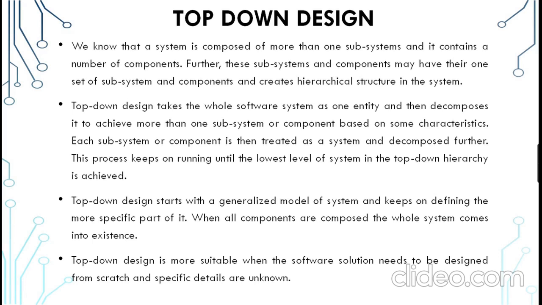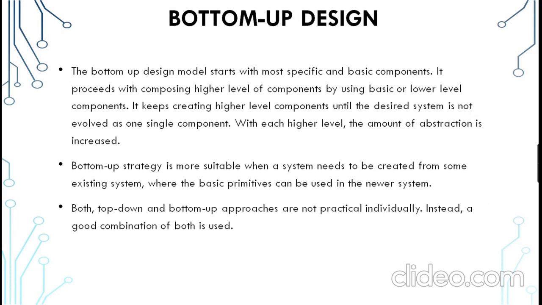The top down design strategy starts with a generalized model of a system and keeps on defining more specific parts of it. When all components are composed, the whole system comes into existence. The top down design takes the whole system as one entity and then decomposes it.